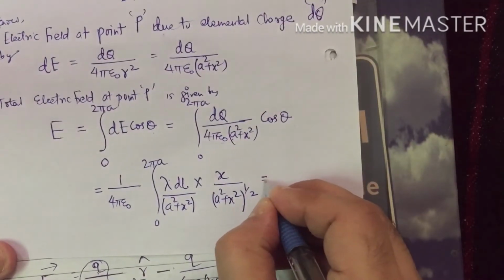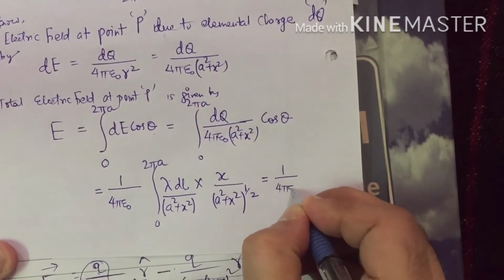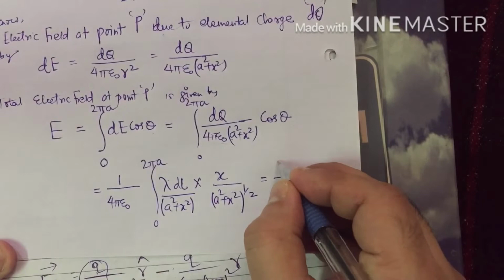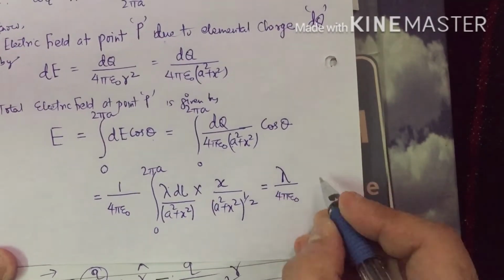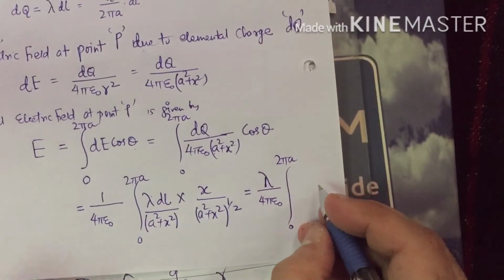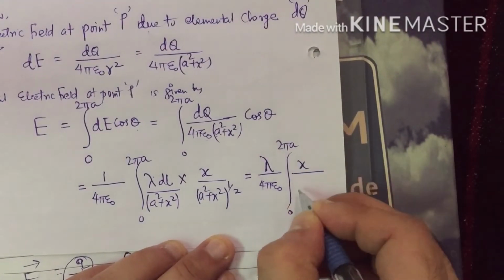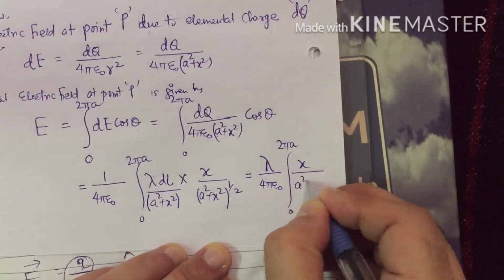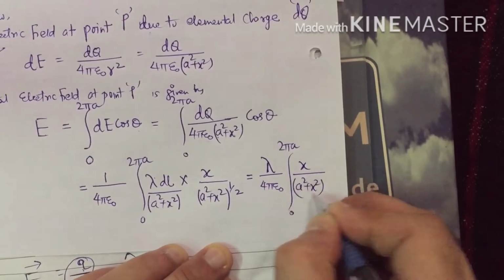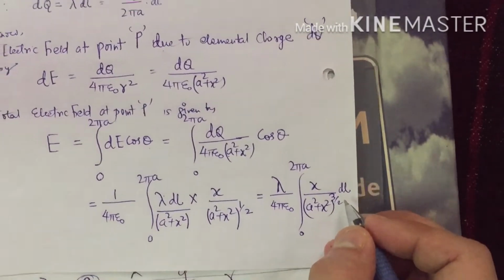Therefore we have 1 by 4 pi epsilon naught. Now lambda is constant, so it will come outside. Integral 0 to 2 pi a, x by a square plus x square to the power 3 by 2 into dl.